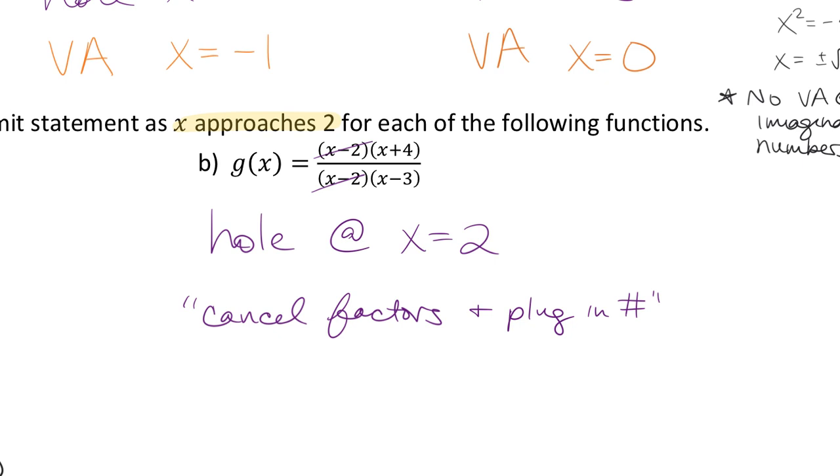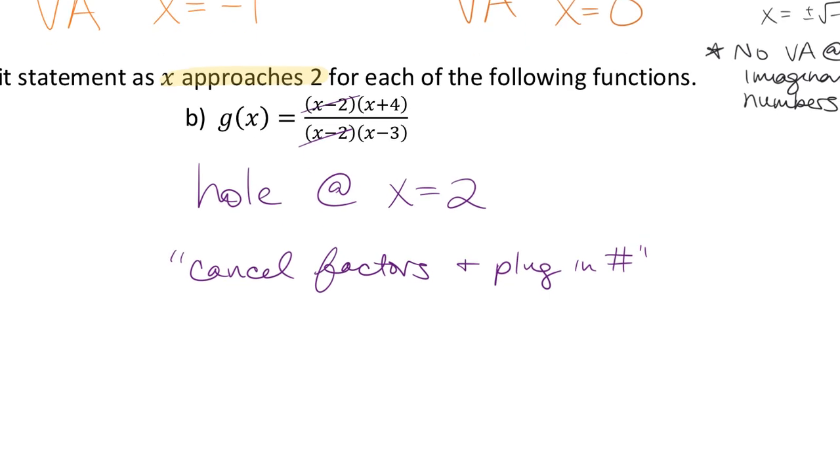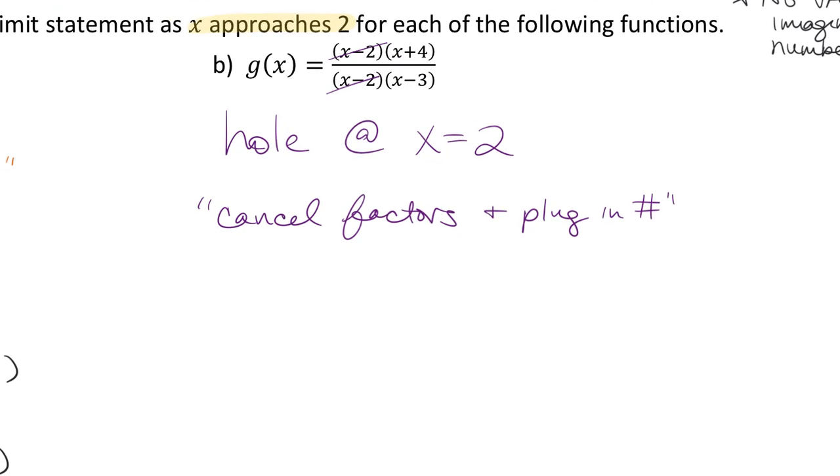This one is actually really pretty simple because you've already canceled out the factor. You see how for g of x, you crossed out the x minus 2 on top and bottom? What you would have left is just x plus 4 and x minus 3. That's the reduced version of your rational function.